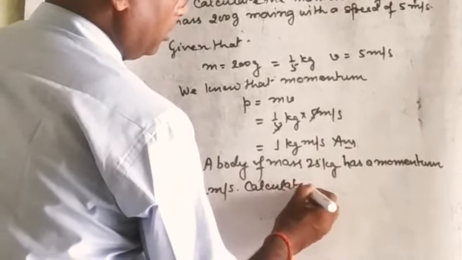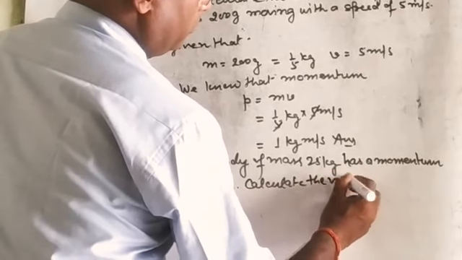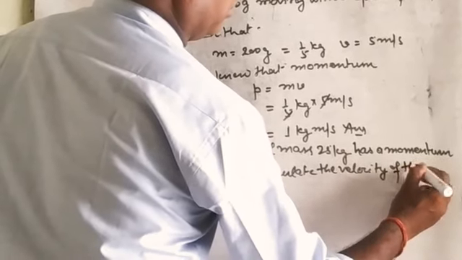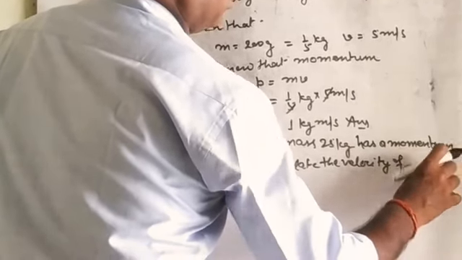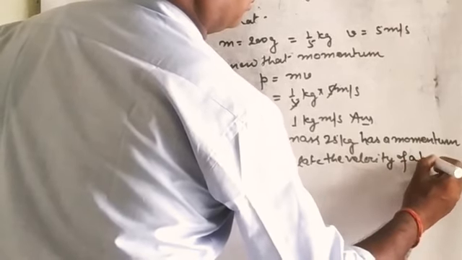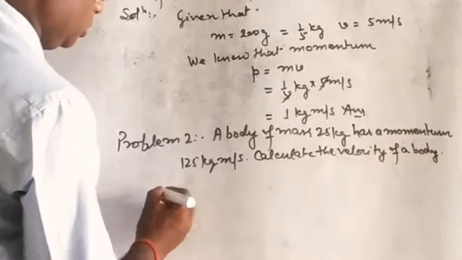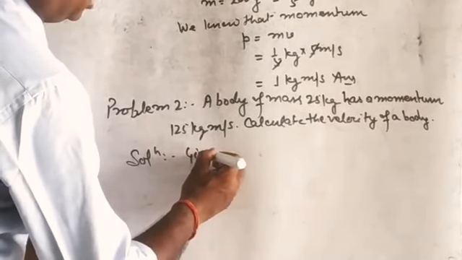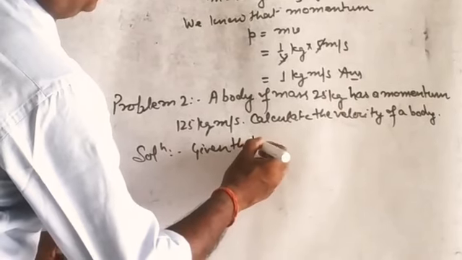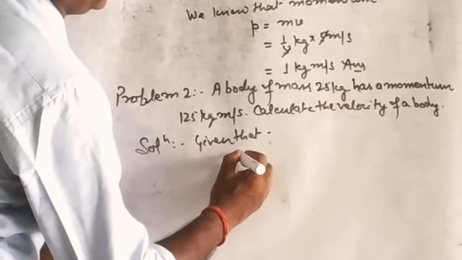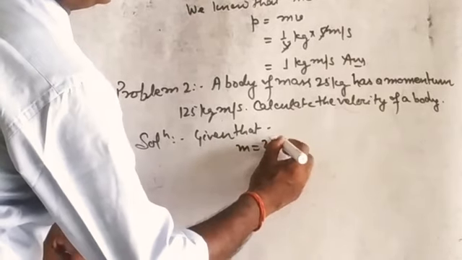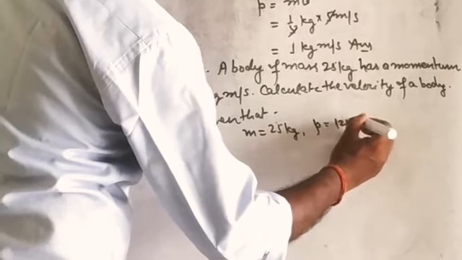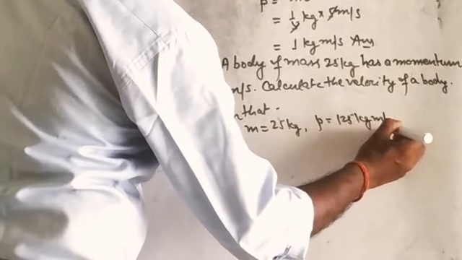Solution: you see here. Always I am saying, first write what information is given in the question. Given that m is equal to 25 kilogram, p is equal to 125 kilogram meter per second.